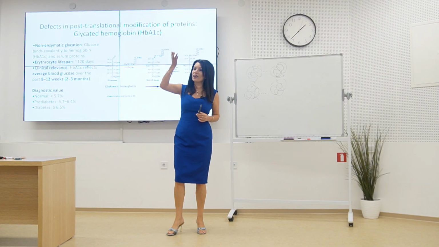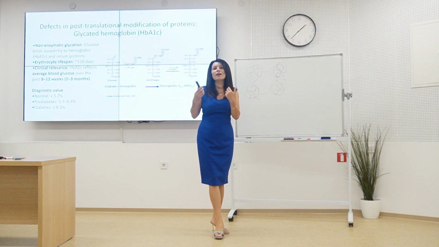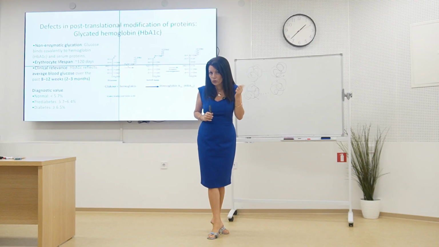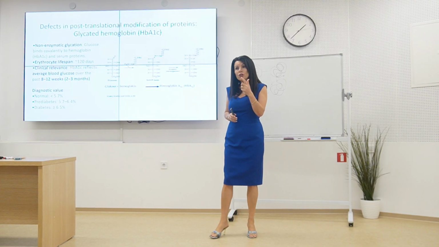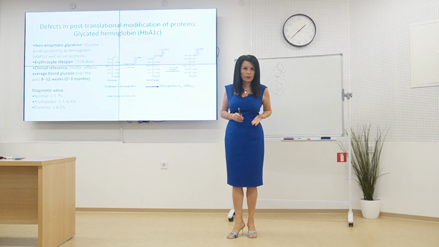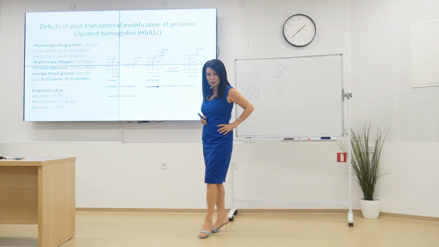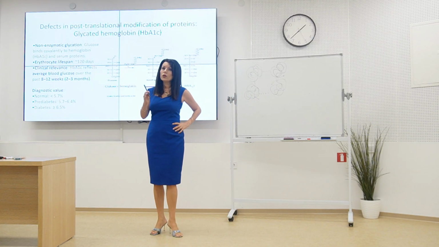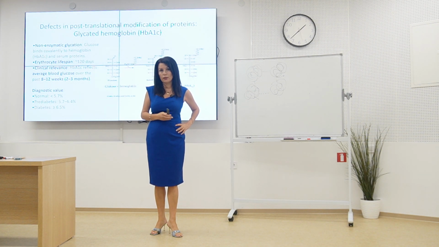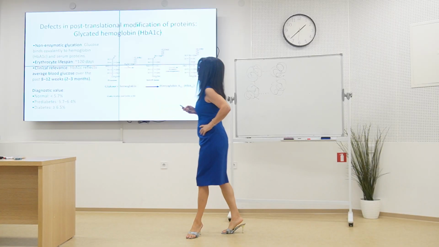There is a very high spike of glucose in the blood directly, and it can happen not only in adults, in children too. Which means non-enzymatic glycation of hemoglobin can happen in all people if they eat carbohydrate food with high glycemic index, or in untreated diabetes mellitus, the usual diabetes.